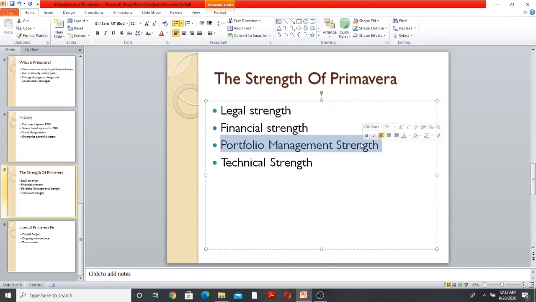So now we will talk about the technical strength. The technical strength of Primavera P6 is that it uses a critical path method scheduling algorithm for sorting project activities. The activities can then be grouped, loaded, and coded to create a wide range of reports.